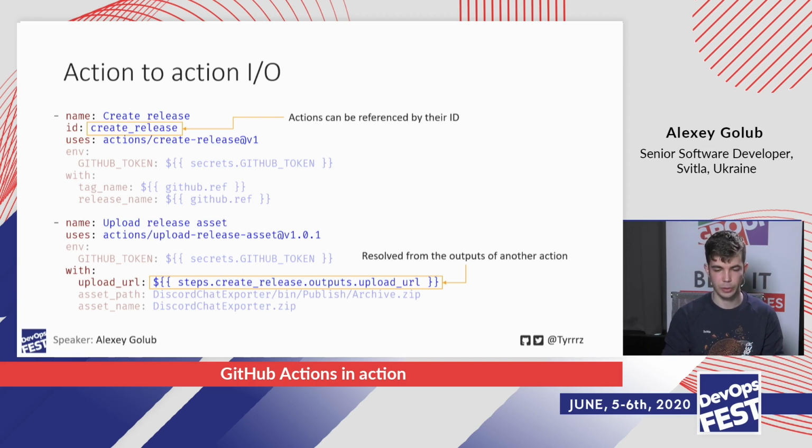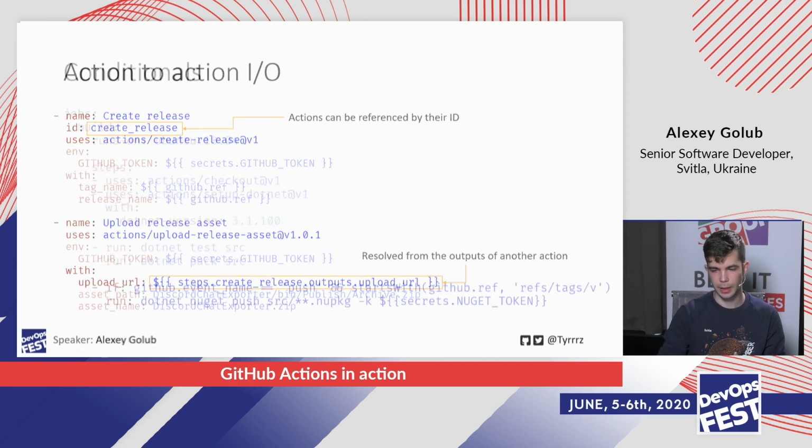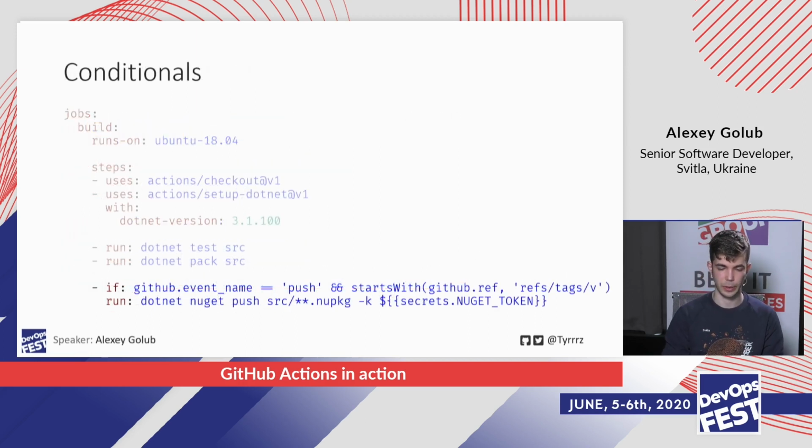And to figure out which outputs they may have, you would use documentation, of course. Unfortunately, there is no helpful IntelliSense because it's just YAML. On the website, there are some hints here and there, but usually your documentation is your best friend in such cases.